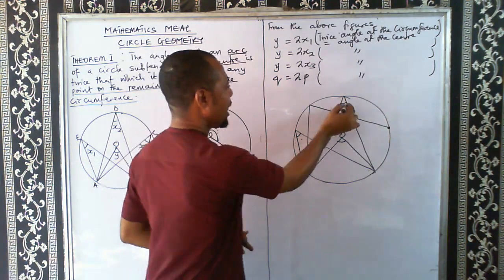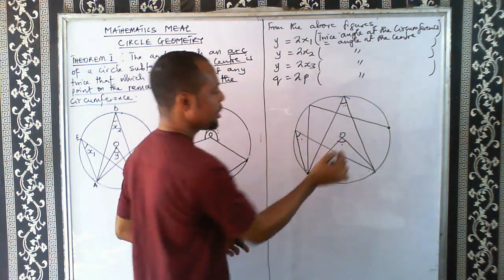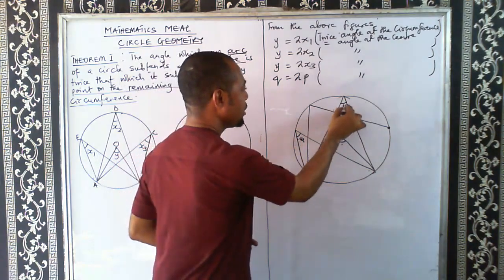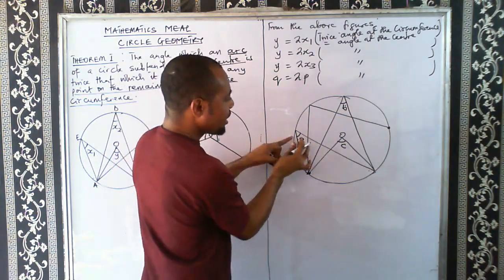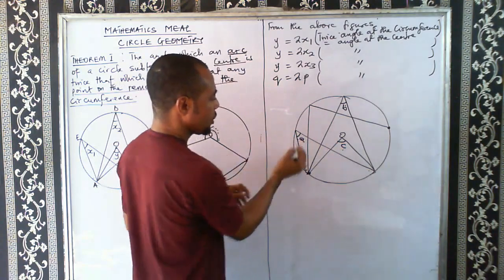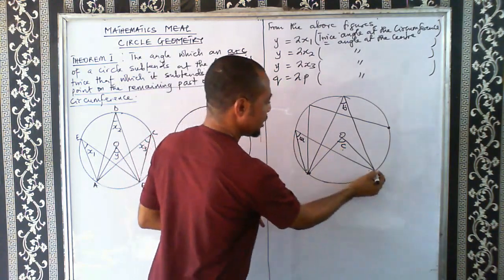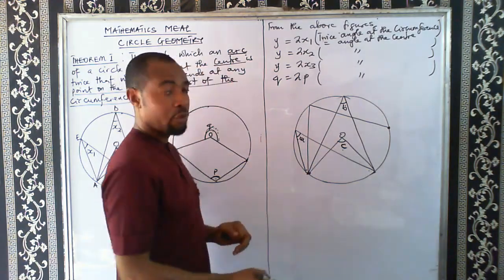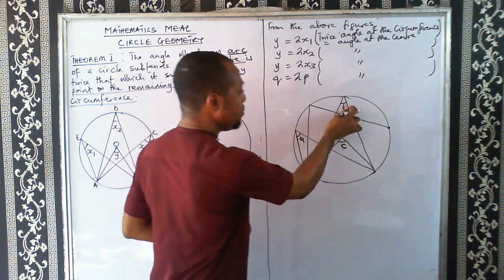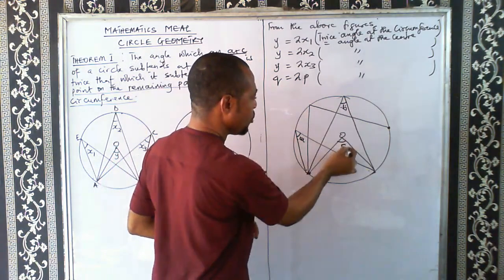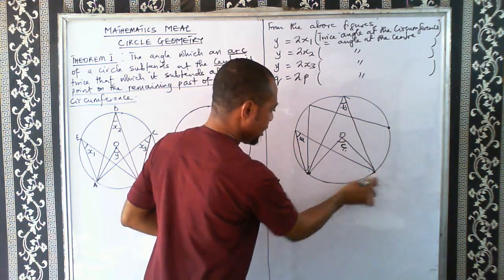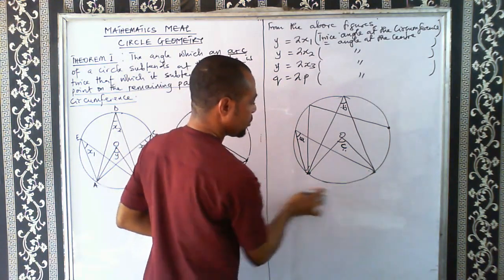These ones are at the circumference, while this one is at the center. So if this angle is A, this is B, and this is C, twice A will give me C, because A is at the circumference and it originated from the same arc that subtended C. The same thing, B is at the circumference. Twice B will give me this. Why? Both B and C originated from this particular arc.